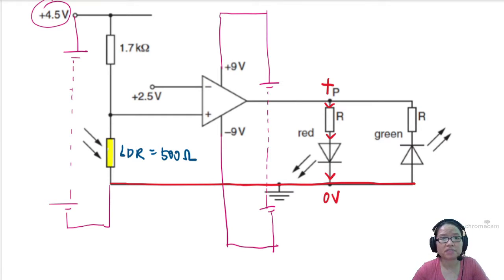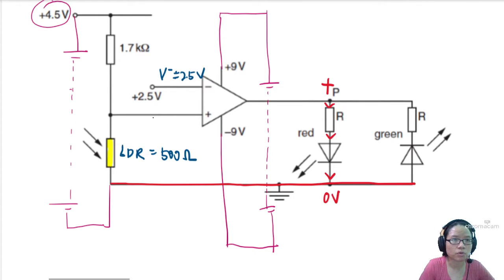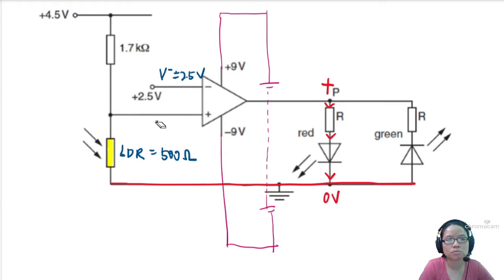I am going to leave that here because right now what we actually need is to find the inverting and non-inverting inputs for us to decide which LED will light up. So I'm going to put this one as your inverting input, and this is 2.5 volt, right? And I will erase this because it's blocking my drawing. So we want to find what is V plus.